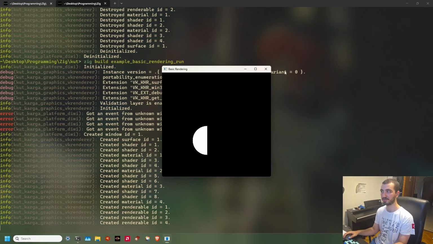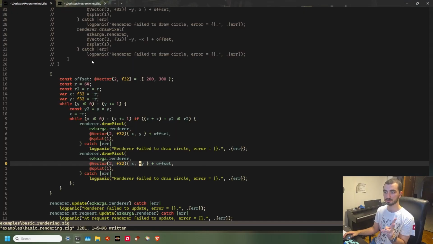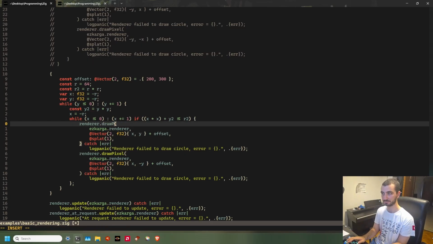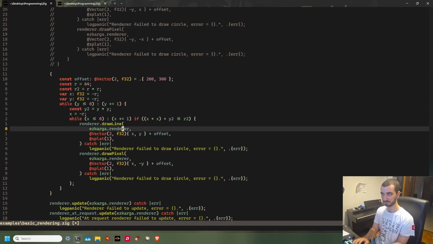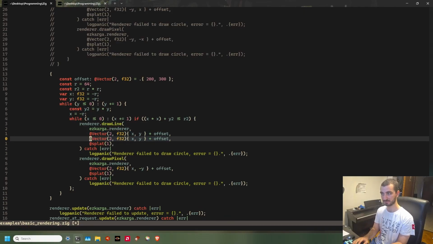Yeah, okay, we got the bottom half. So we could do 2 more draw pixel calls to get the other half of it, but what we can do is draw lines, right? Draw line. This is the starting position of the line, and this is the end position of the line.